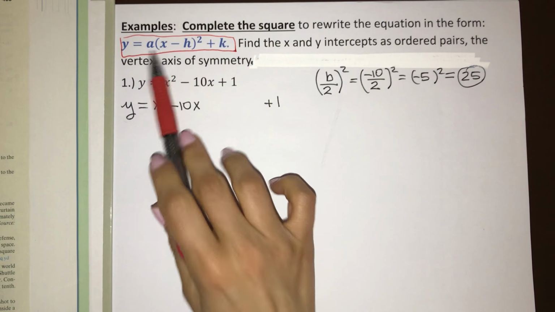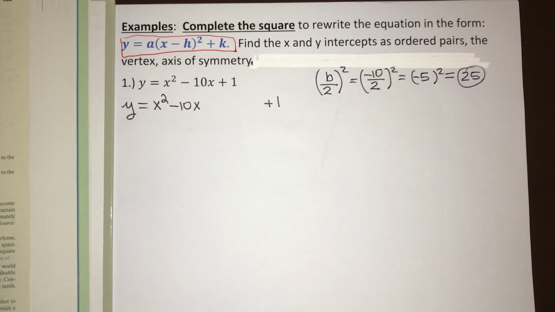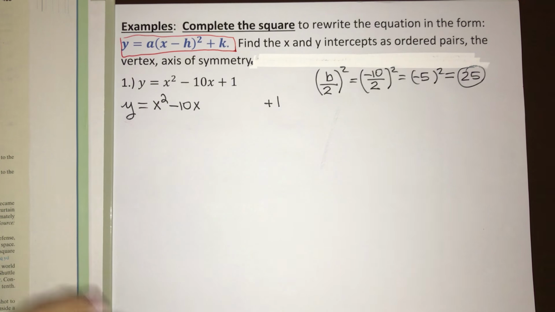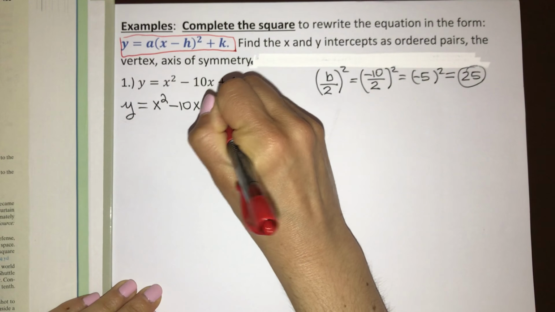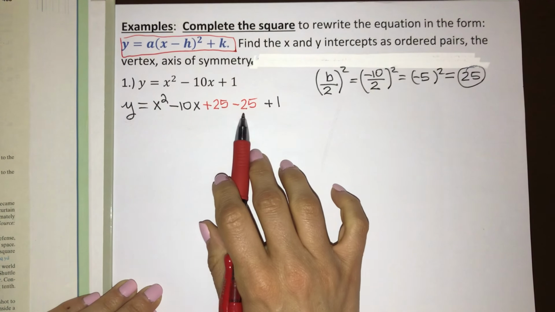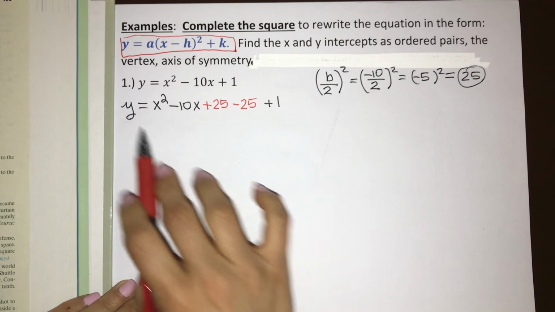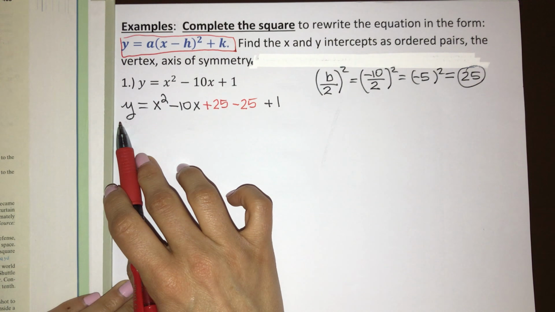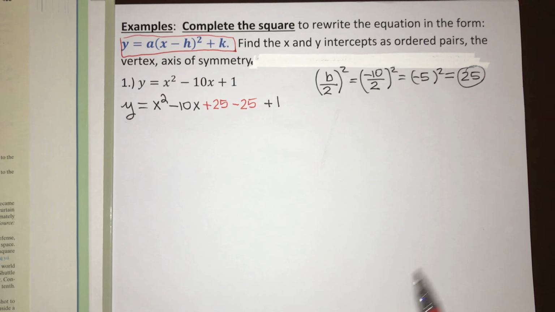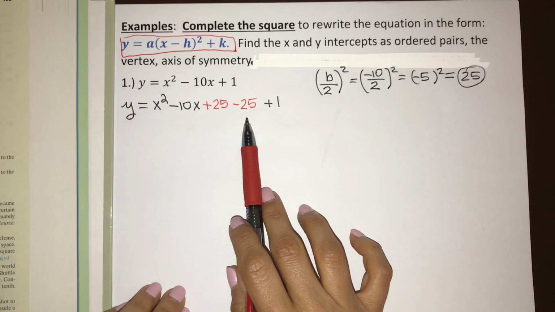So equivalent to adding 25 on this side is to subtract 25. So we can add 25 and also subtract 25. This 25 before was added on this side, but I don't want to do that because I need to just have y here. You always add first, subtract second.